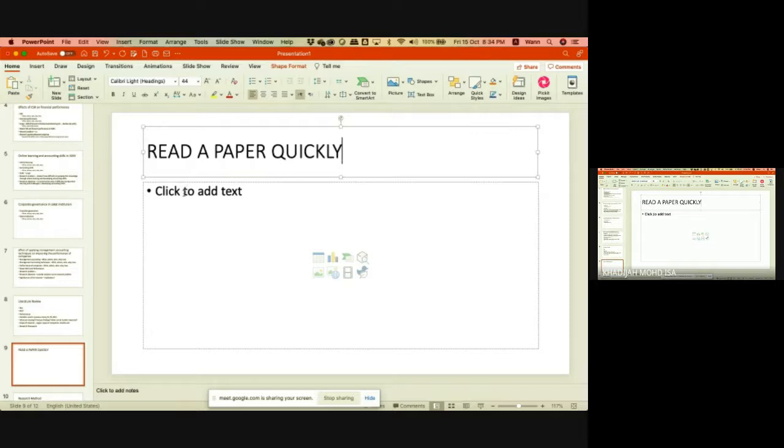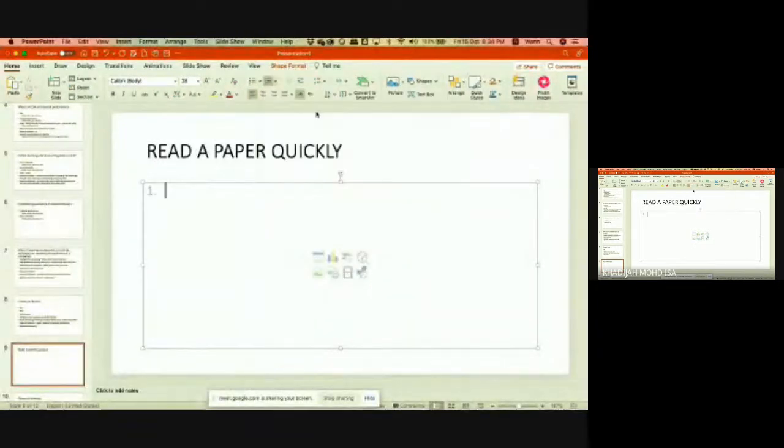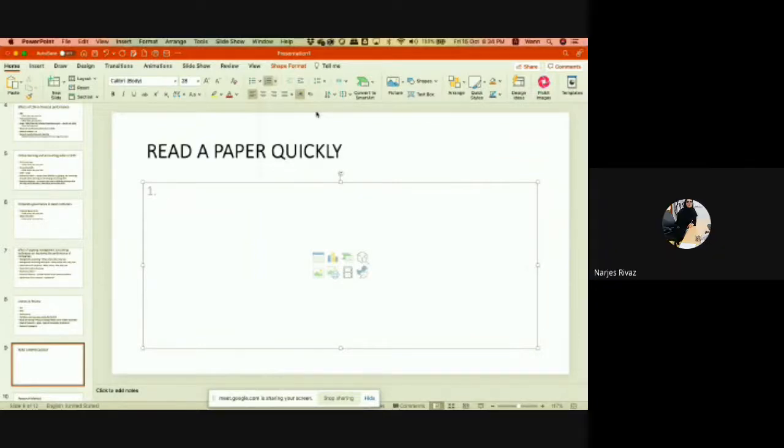Number one is that, anyone remember? Just read the first paragraph and the last paragraph, the last sentence. Read the first sentence and you can find what is the purpose of this paper.